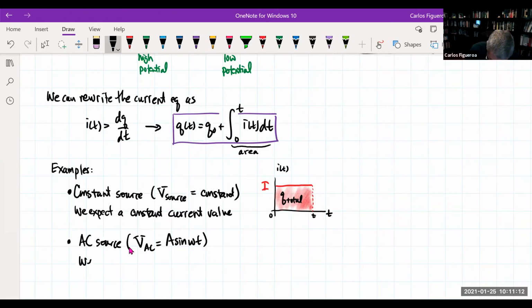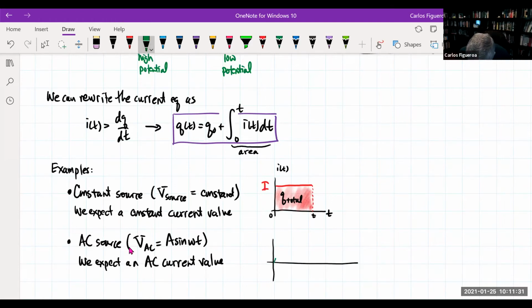So we expect an AC current value. If I plot it, since the source is AC, then the current should be AC. Let's look at just one cycle here. I of t should look something like this.